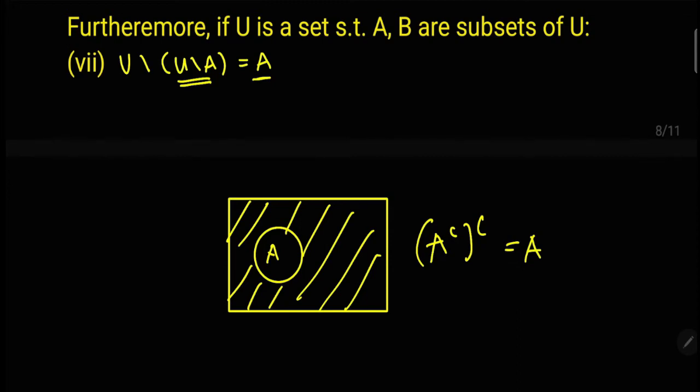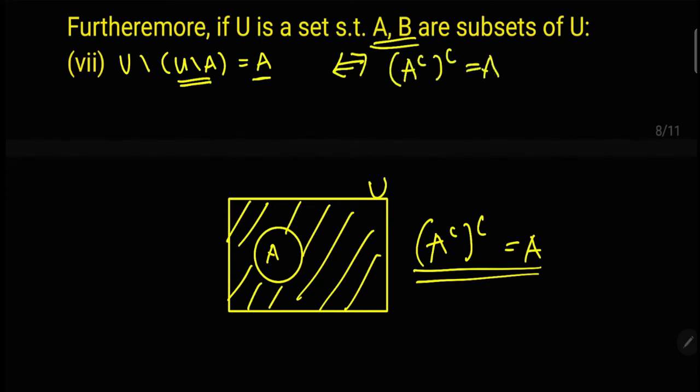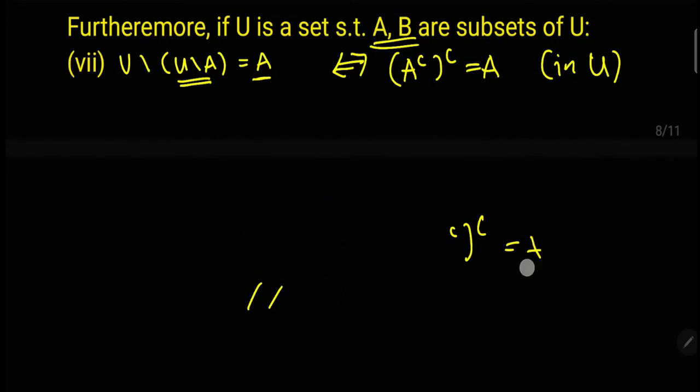Okay, so how do we show that? Again, we can use this symbol if it's clear to us that we're talking of just a big set U. Sometimes you call that U a universal set, a set that contains both set A and B. So this is equivalent to the statement A complement complement is the same as A, in U. Only in set U. So let's prove that.